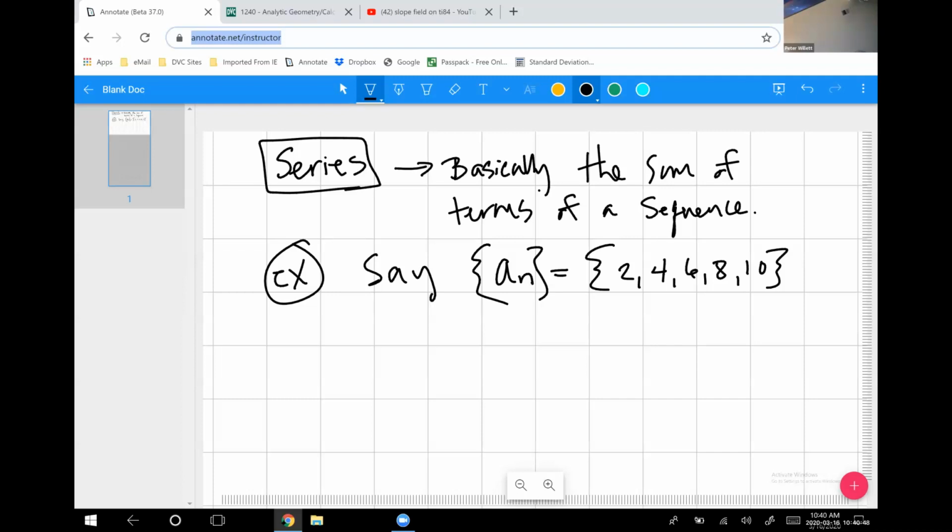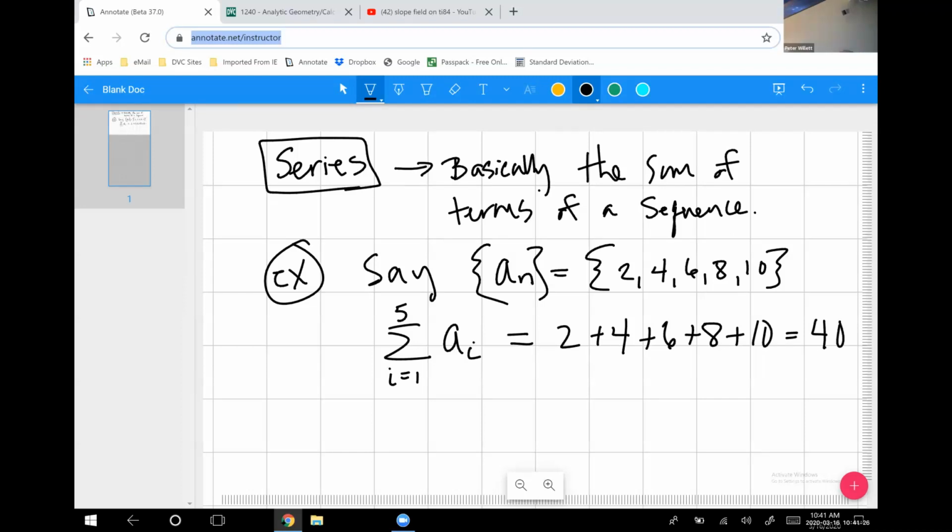So then you could write this using our summation notation. If I take the summation, in this case, as i goes from 1 to 5 of A sub i, using notation back from when we did integrals and things like that, or when we were doing volume problems and doing Riemann sums, then this would simply be 2 plus 4 plus 6 plus 8 plus 10, which is what, 40? So this is an example of a finite series.